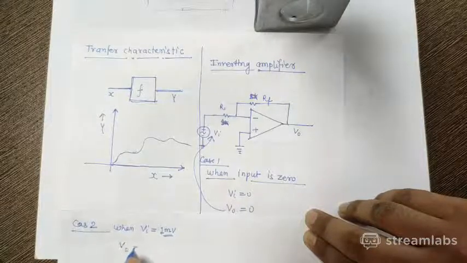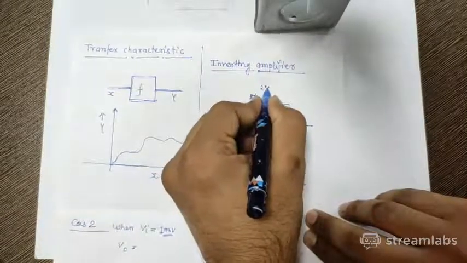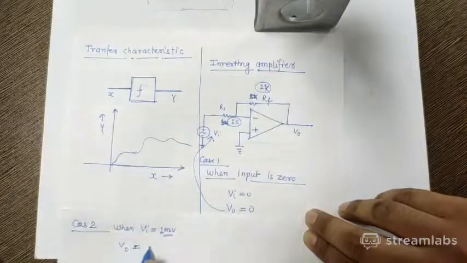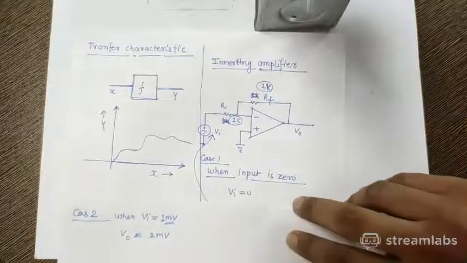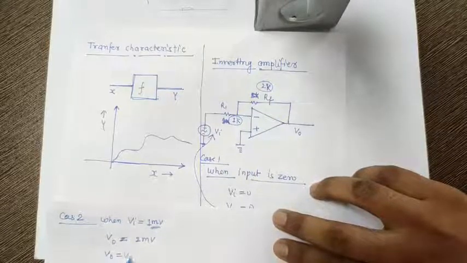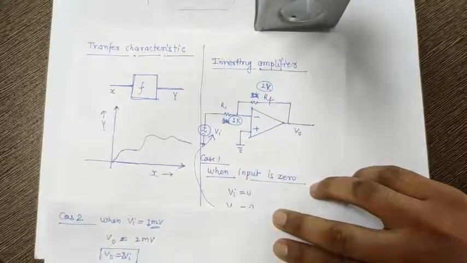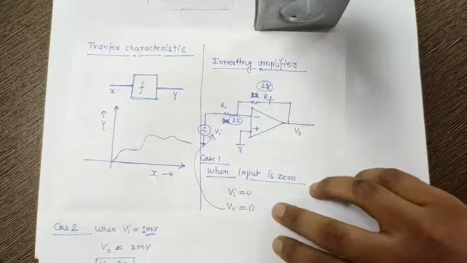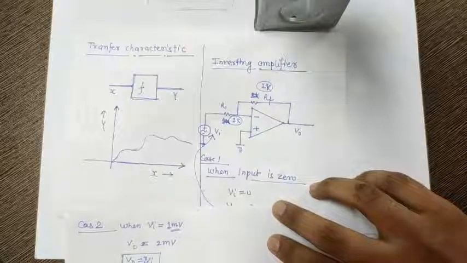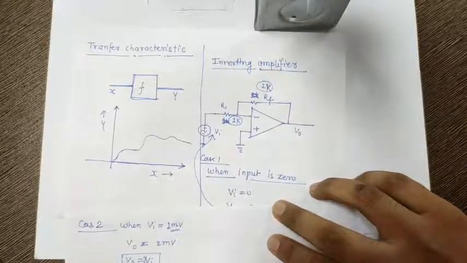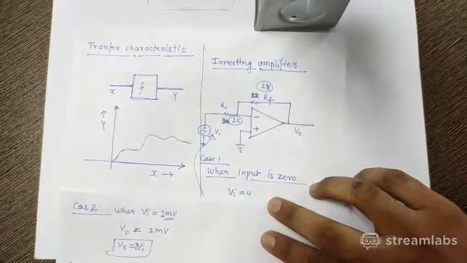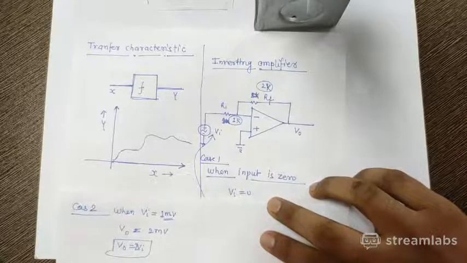V naught will be, let us take 2k and 1k, so output voltage V naught will be equal to 2 millivolt. That means V naught is 2 times Vi. That is what a linear relationship means. It will increase linearly. Case 3, when Vi is equal to, suppose, 100 millivolt, then V naught will be equal to 200 millivolt.